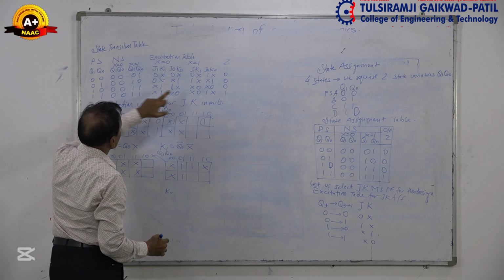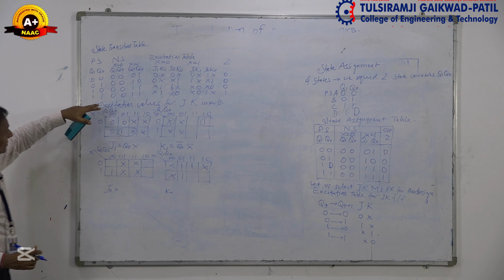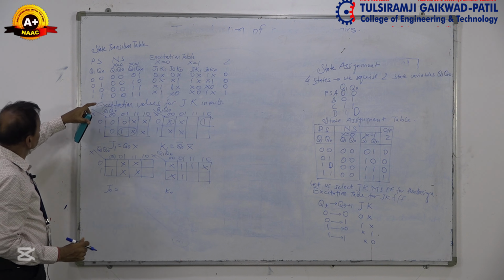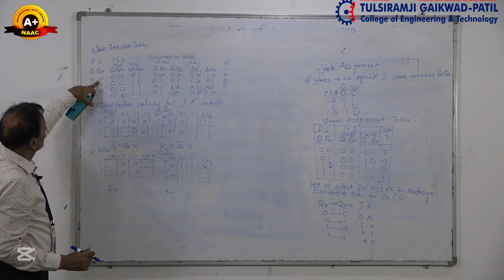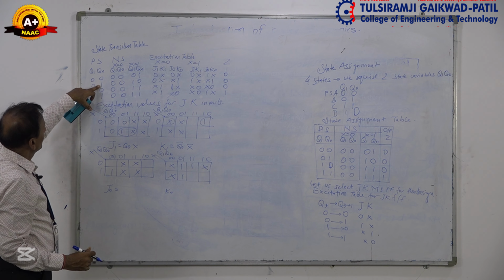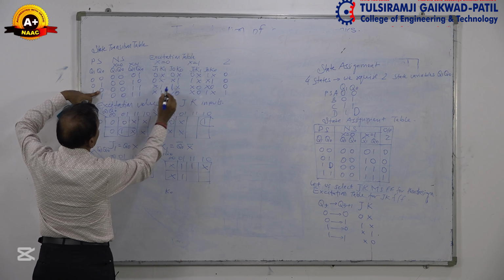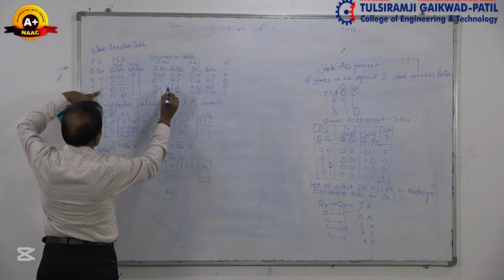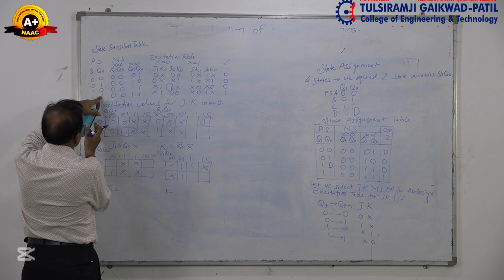Here for x equal to 1, q0 to q0: 0 to 0 is 0, don't care, 1 to 0 is don't care, 1, 0 to 0 is 0, don't care, and 1 to 0 is don't care, 1.